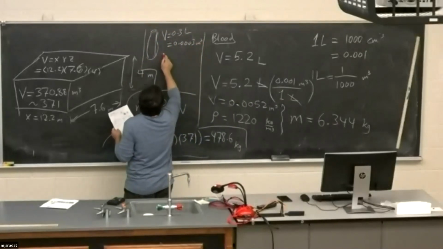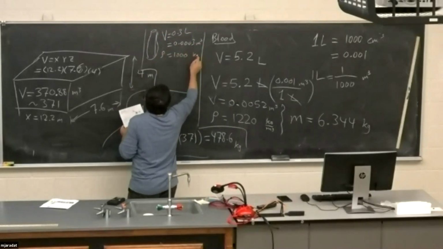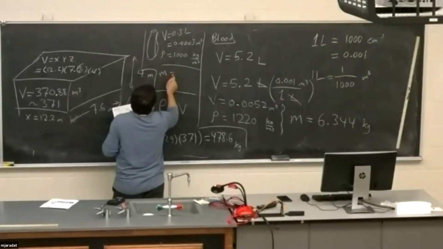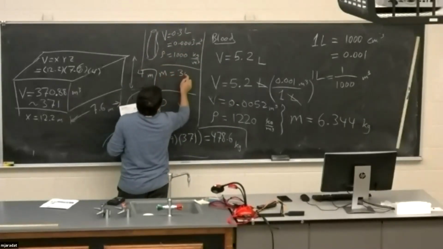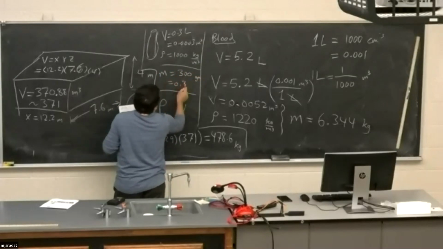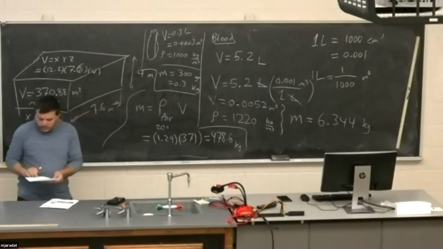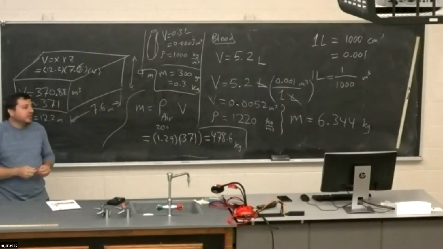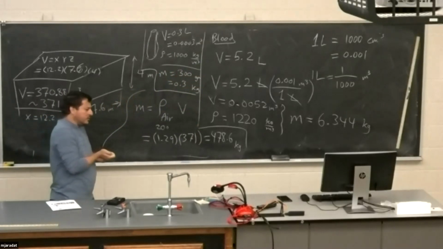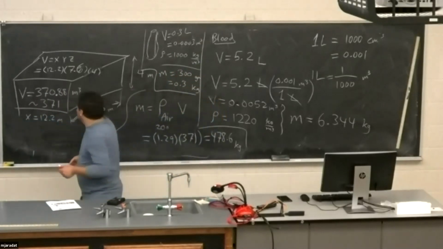The density of water is equal to 1,000 kilogram per meter cube. So the mass of it is equal to 300 grams or 0.3 kilograms. Any question about density? Now I move to the next quantity.